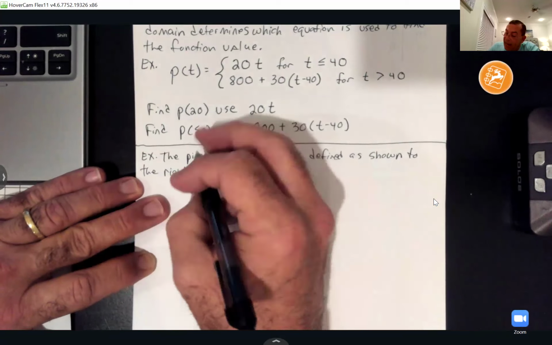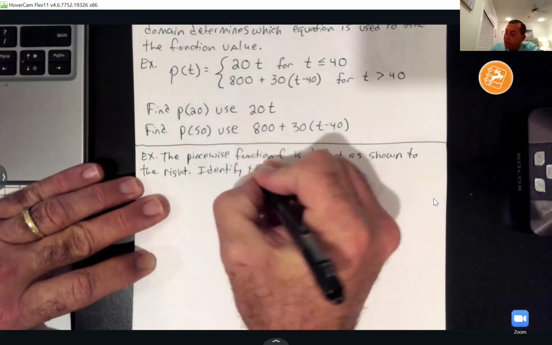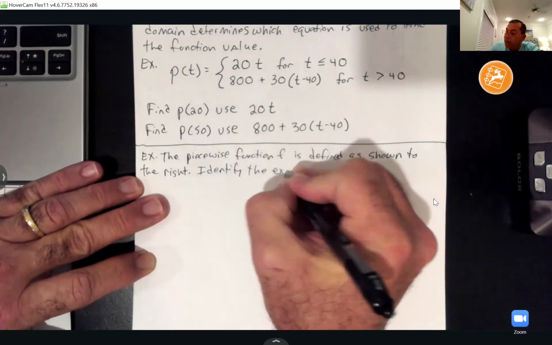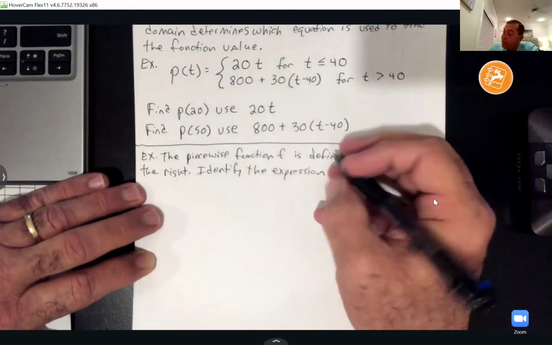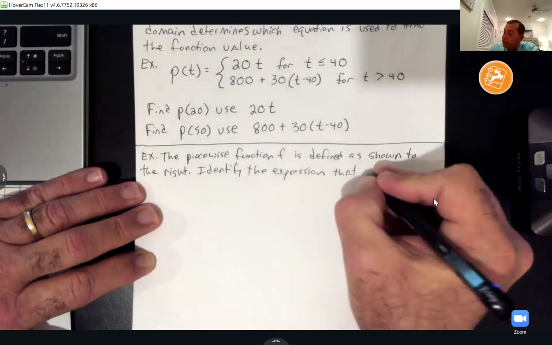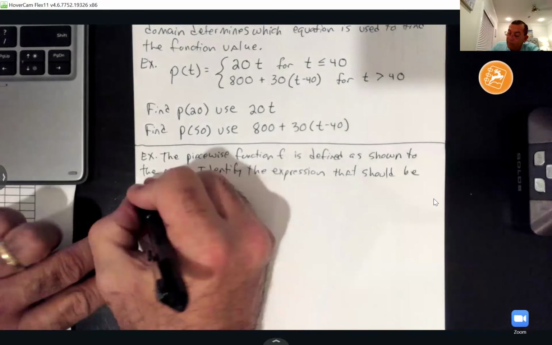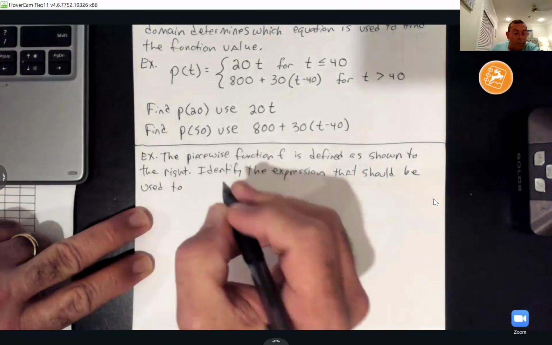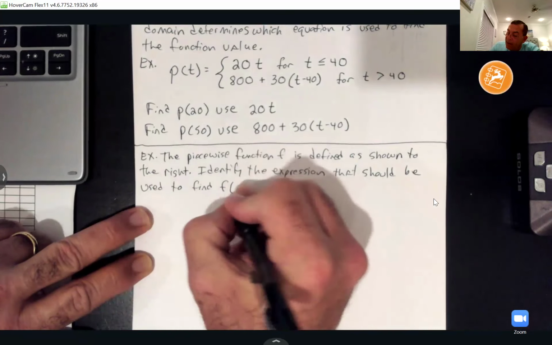Then they say identify the expression that should be used to find f of -9.